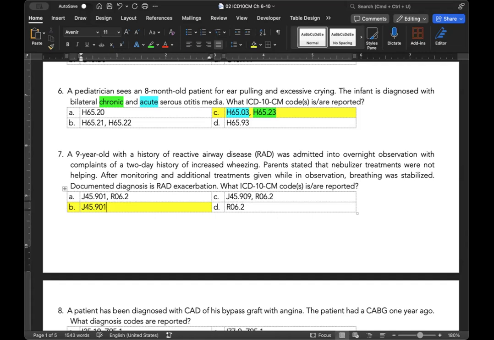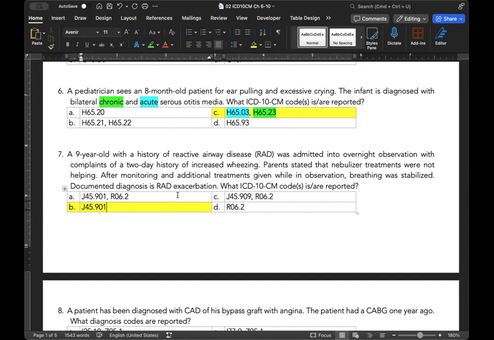An example of a sequela is after your burn has healed, you have your scar formation. With reactive airway disease or asthma, I don't know that I've ever seen a long-term lasting thing that was a result of a previous asthma exacerbation.